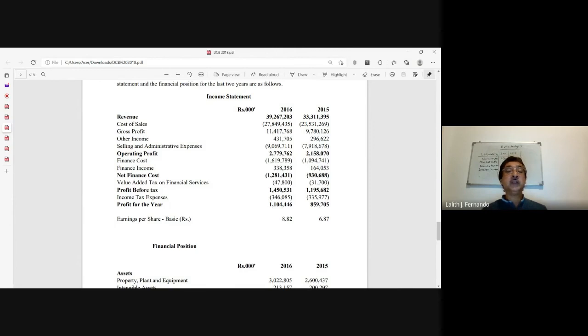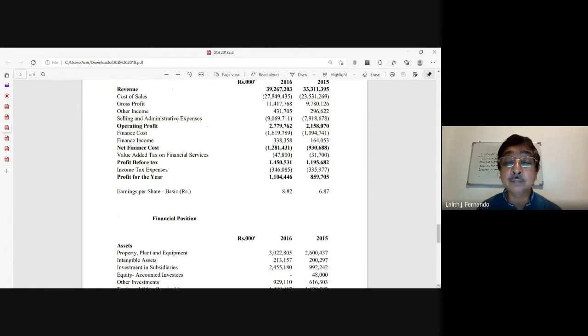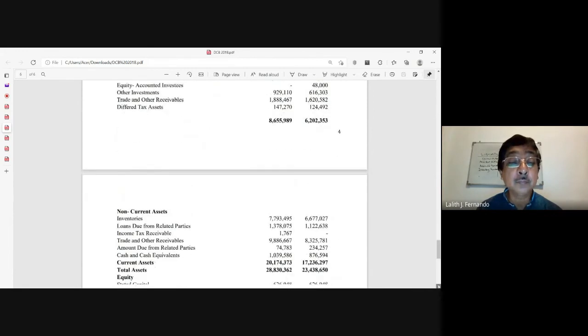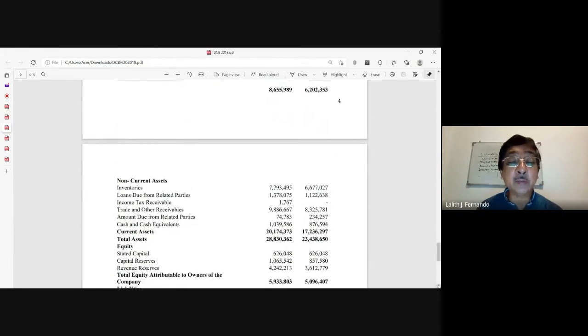And you can have sales divided by receivables. Trade receivables, but what they say is trade and other receivables, but you can put it as trade.